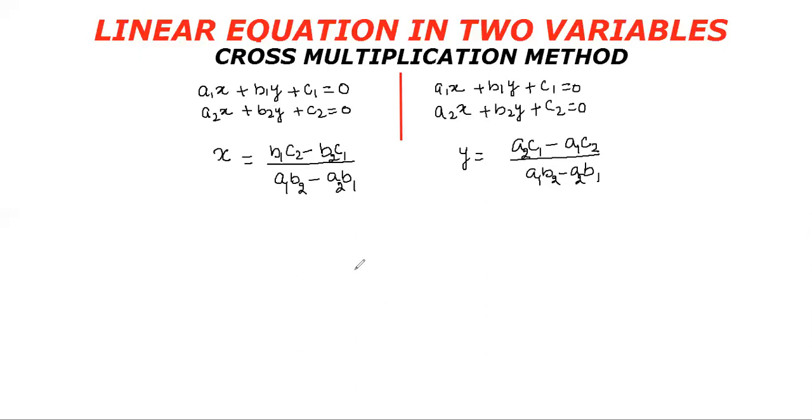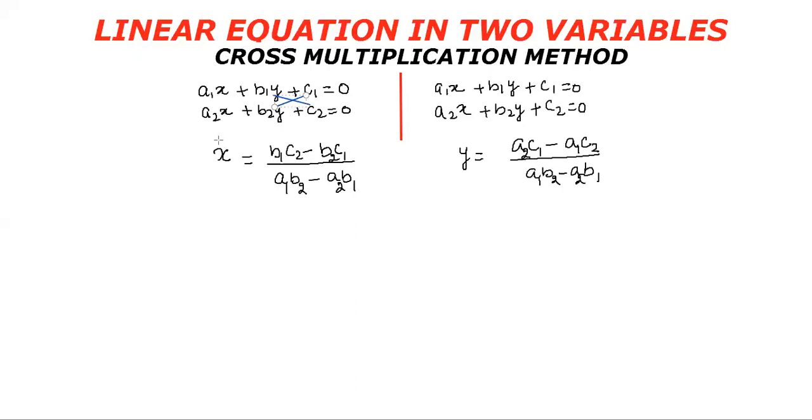Now children, why is this known as cross multiplication? Just observe the pattern that you have written here. See, b1 is multiplied by c2, and b2 is multiplied by c1. So there is a formation of cross.